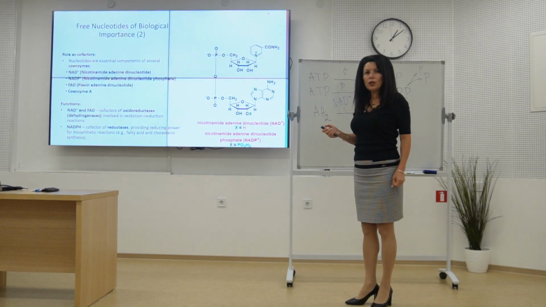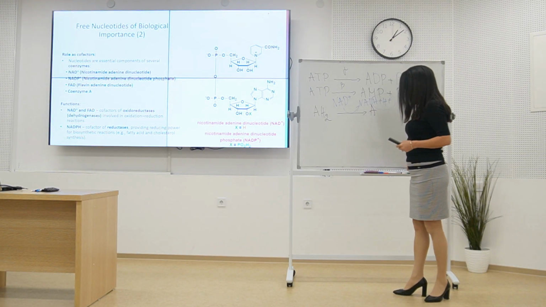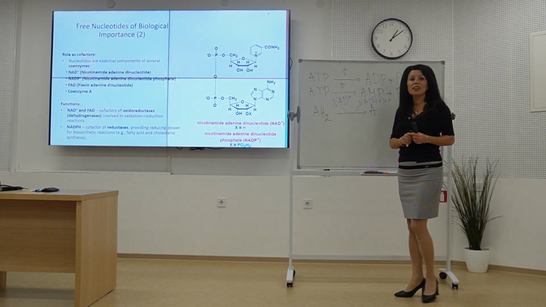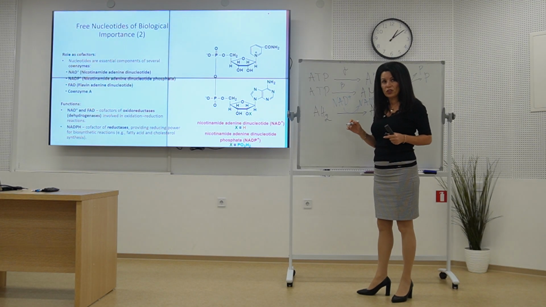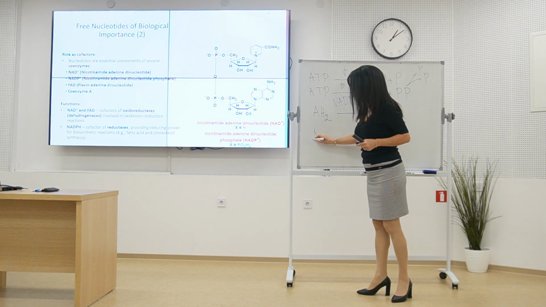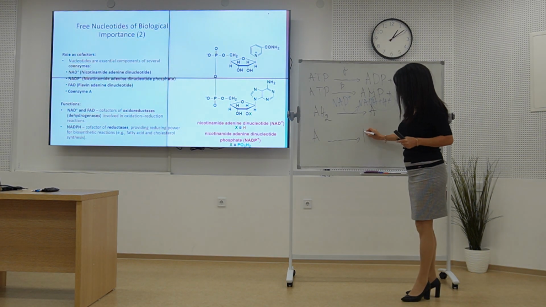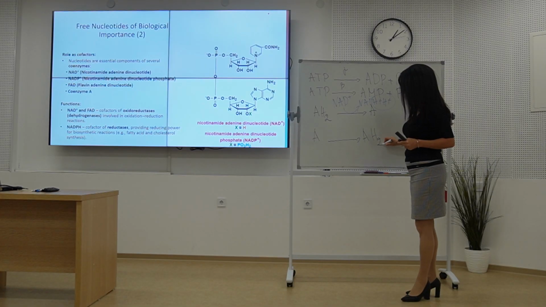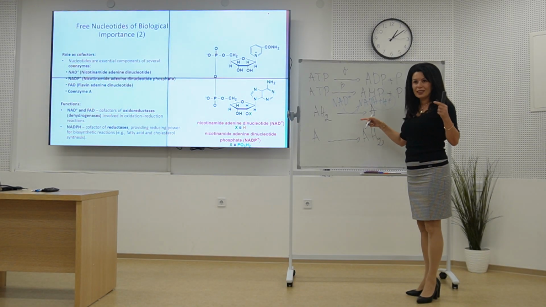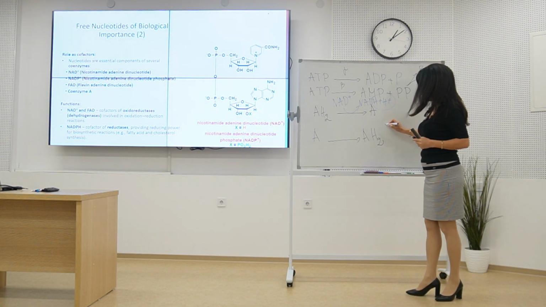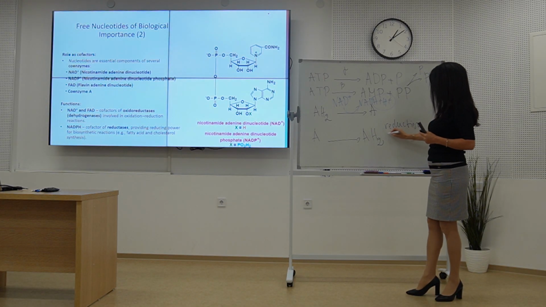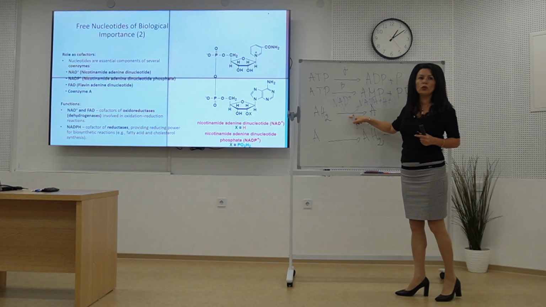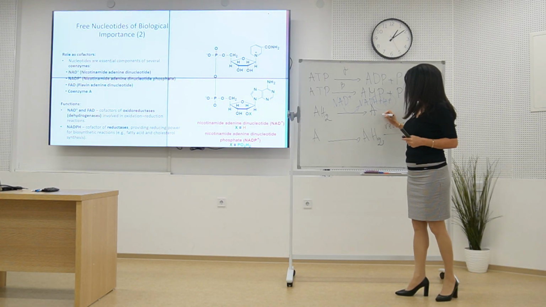But NADP is used as a cofactor of reductases, other enzymes which catalyze the opposite reaction. For example, this is the substrate, and this is the product of the reaction. The reaction type is a reduction. This is the opposite of this one, which is dehydrogenation.